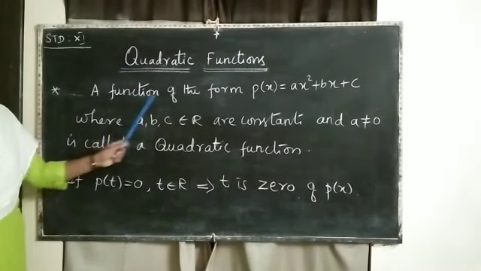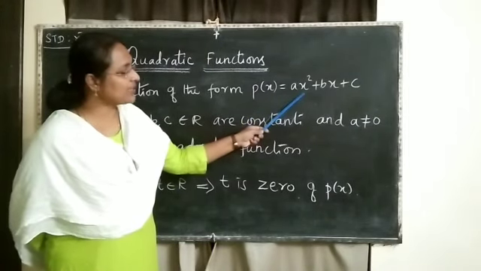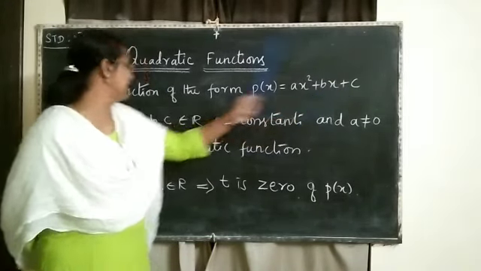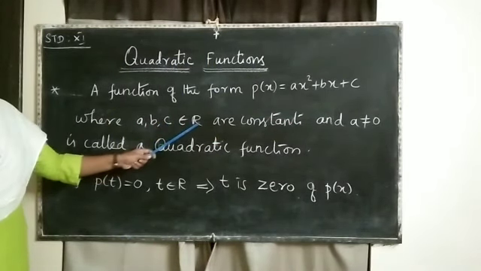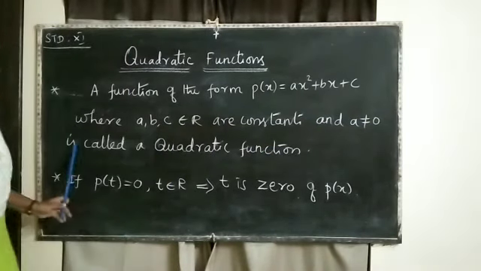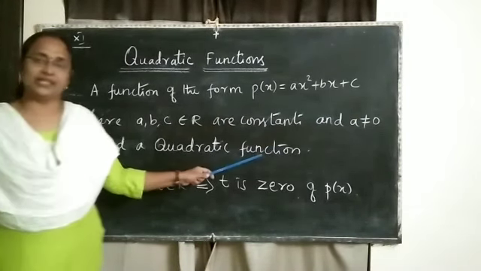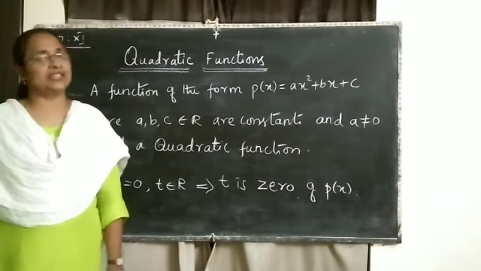A function of the form p of x is equal to ax squared plus bx plus c, where a, b, c belong to R and are constants and a not equal to 0, is called a quadratic function. First, we know what is meant by a quadratic equation, isn't it?